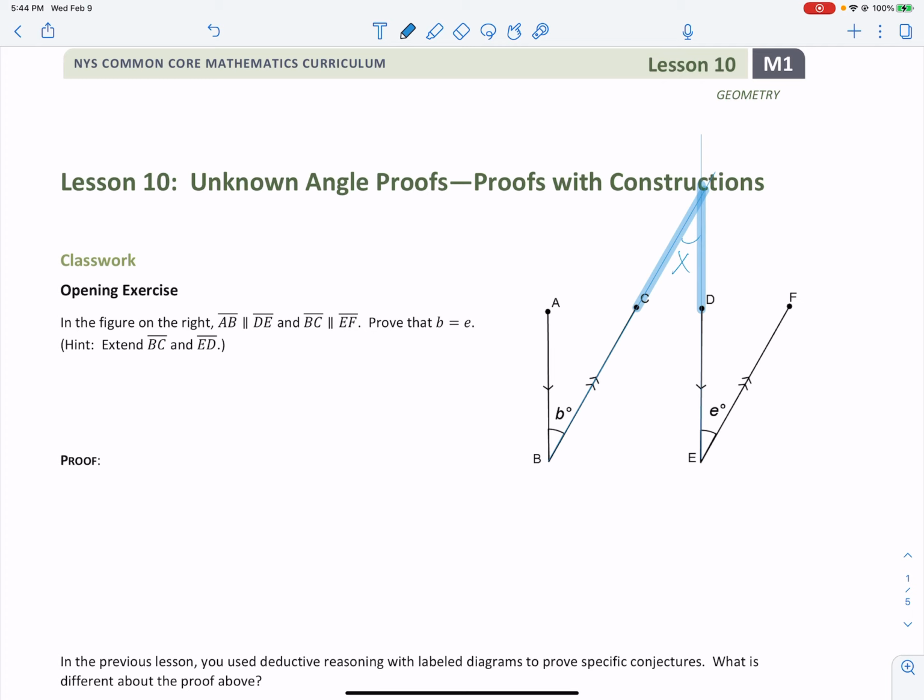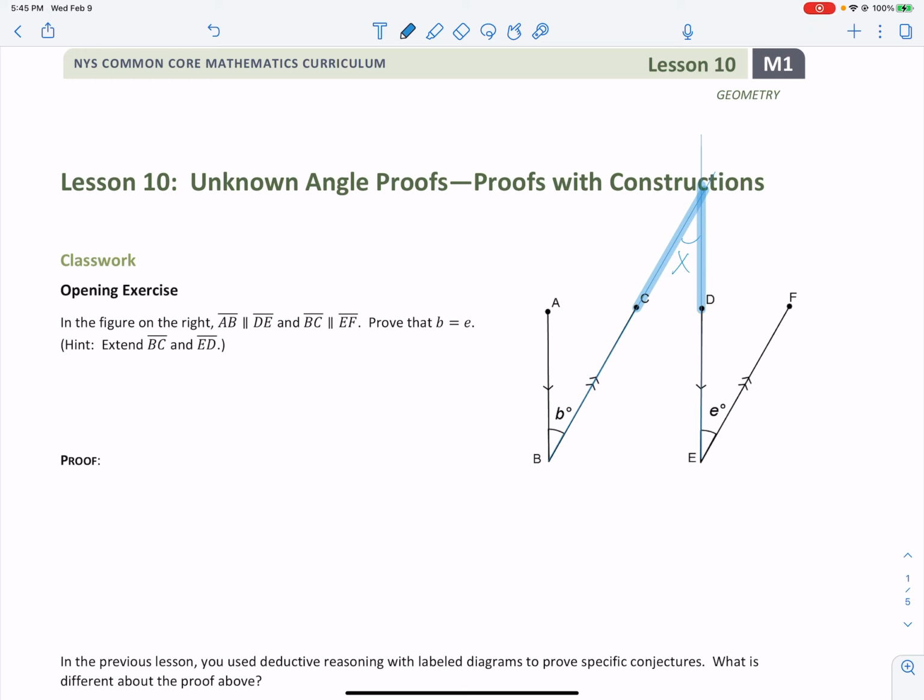Now, one thing that we are sure of is that these two are parallel right here with each other. And now, since we extended that, it basically functions as a line that is cutting two parallel lines, and we call that a transversal.